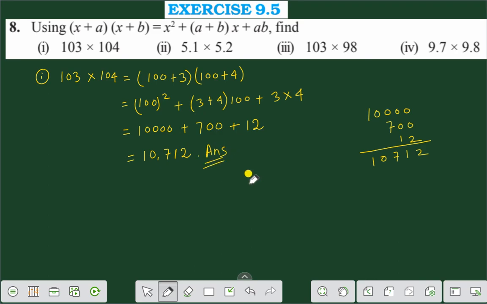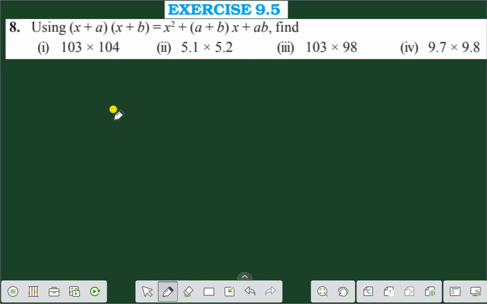Right? Now we solve question number 2. Question number 2 is 5.1 into 5.2. It can be written as (5 plus 0.1) into (5 plus 0.2).